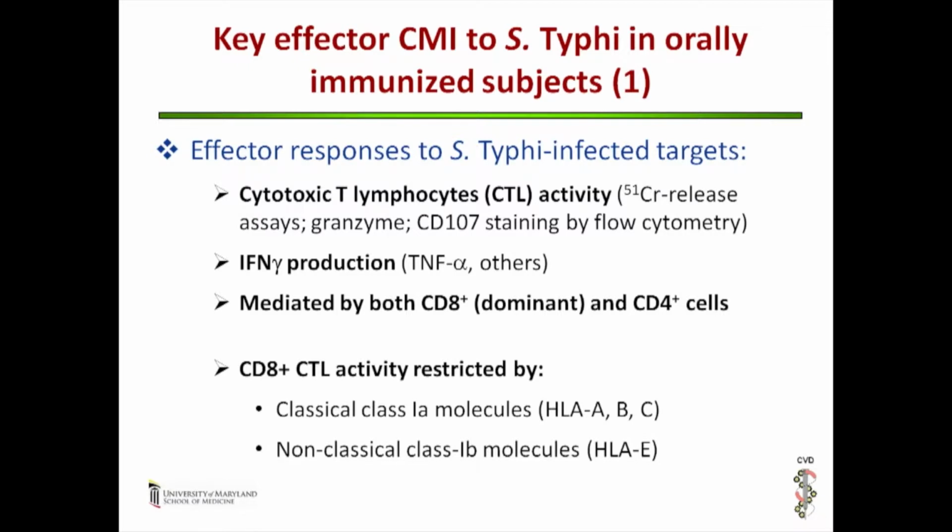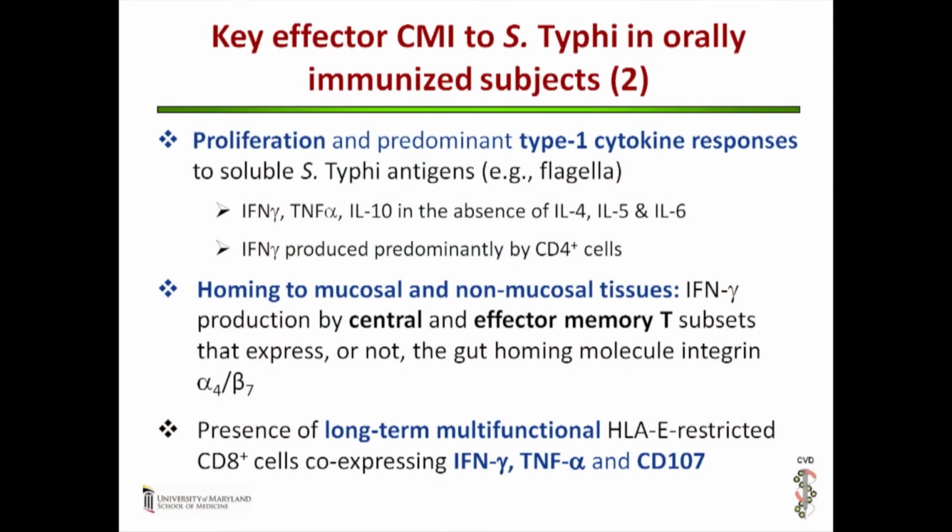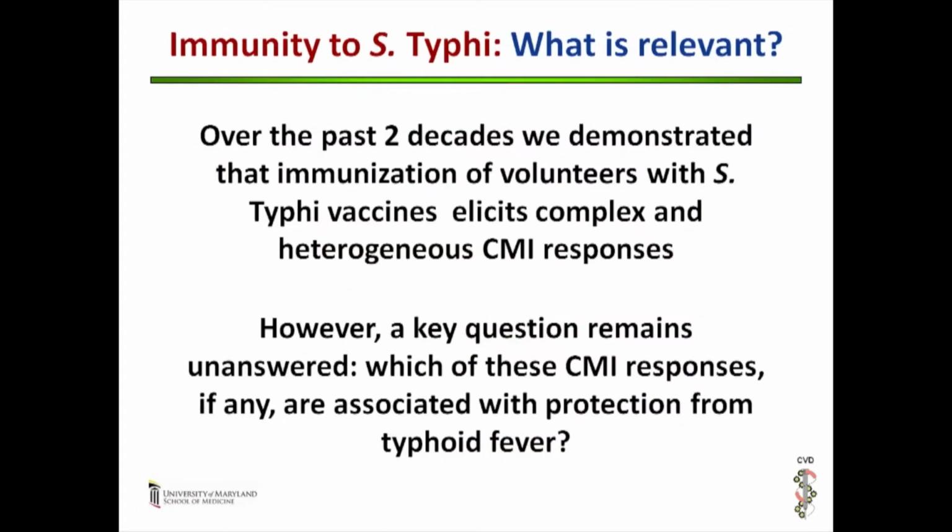Now, the CTL activity was restricted not only by the classical class 1A molecules, but also by non-classical HLA molecules. We also went on to show that they are type 1 cytokine responses, that is the pro-inflammatory type. The cells do home to the mucosa and to non-mucosal tissues based on homing markers and flow cytometry. And also, we described the presence of long-term multifunctional HLA-restricted CD8-positive cells that are able to produce cytokines.